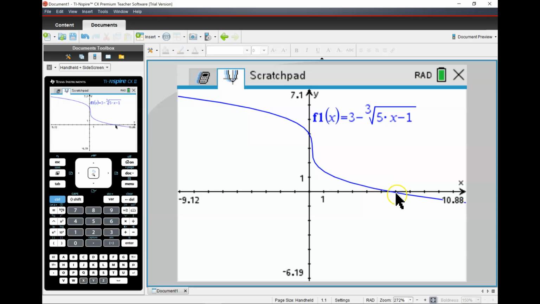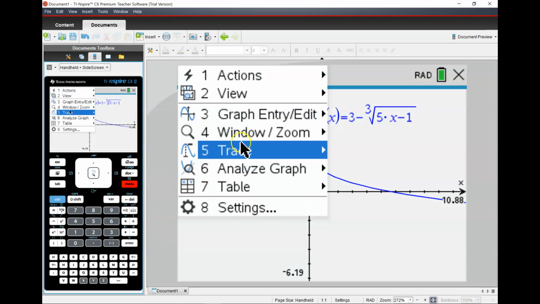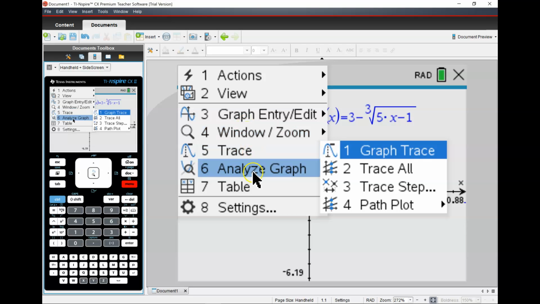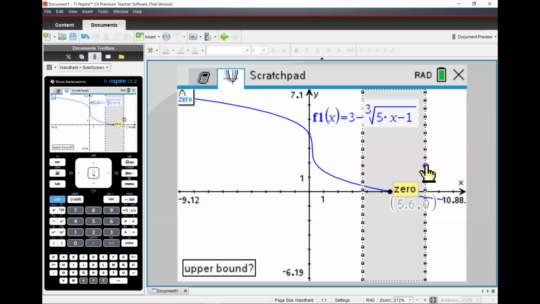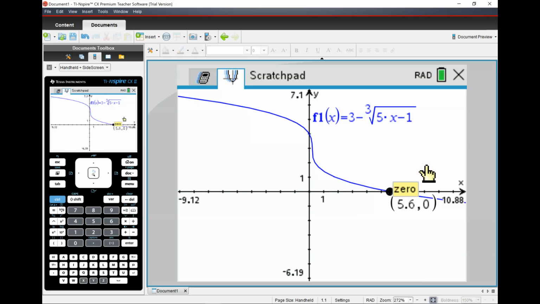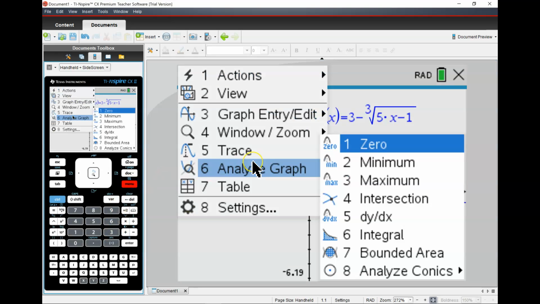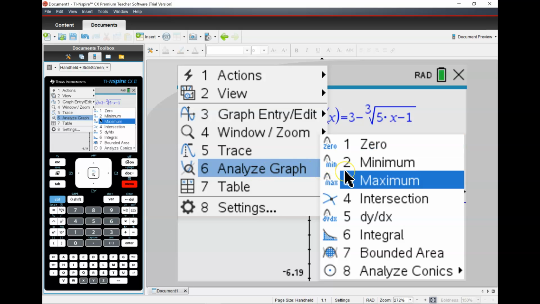Okay, so let's figure out x and y intercepts here. Menu, 0. Analyze graph, 0. It's at 5.6. And then menu, if I trace, what's the y-intercept?